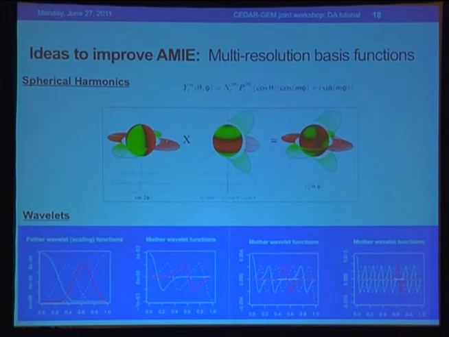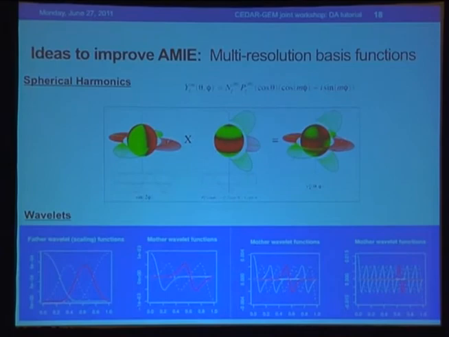The product of those two gives space-time 2D basis functions, the spherical harmonics. It's defined everywhere, so we say it has global support. That is great for spreading the information, but if you have very high resolution local observations, it is not flexible enough.